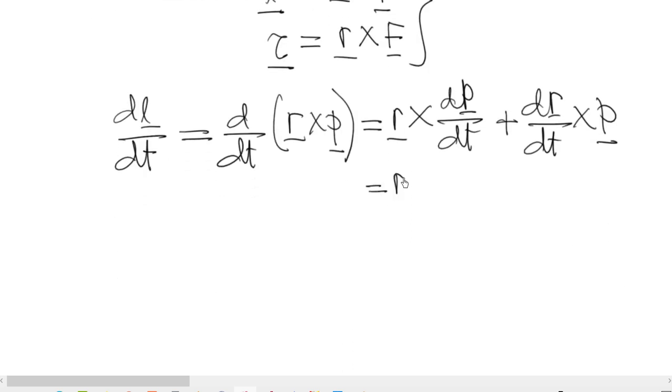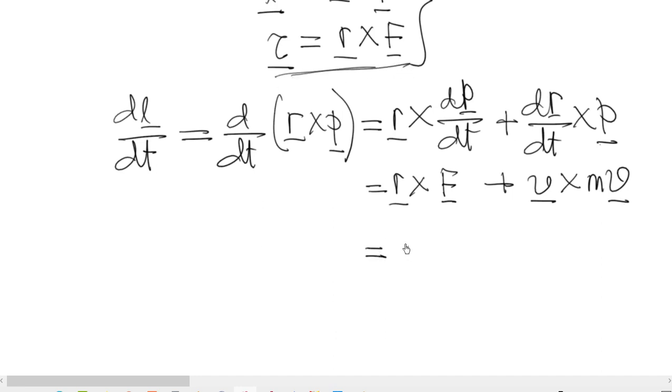Now we know dp by dt is the force. This is from Newton's second law. The time derivative of linear momentum is the force, and the time derivative of displacement is the velocity, and p is m into v. Now if you apply this relation, tau equal to r cross F, so this is the torque tau, and you see the cross product of v with itself is 0.